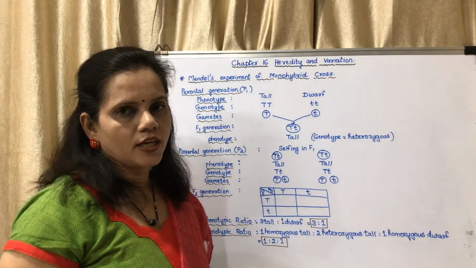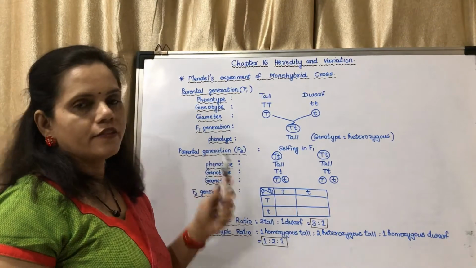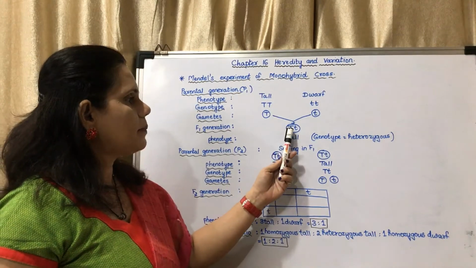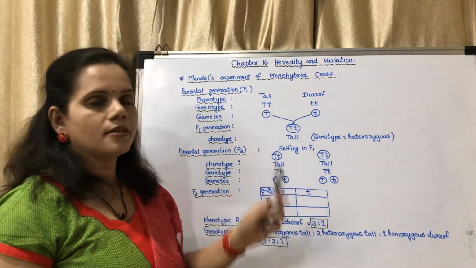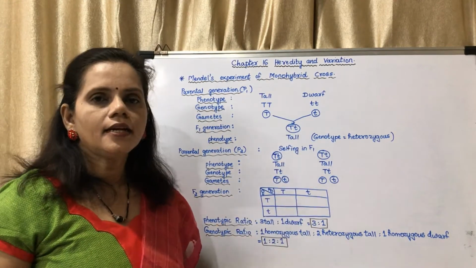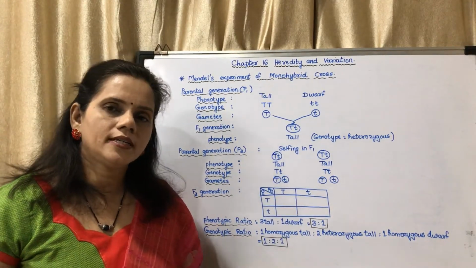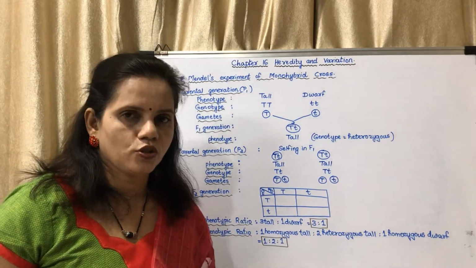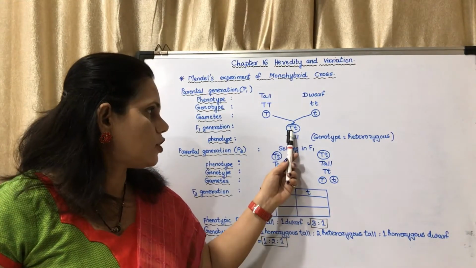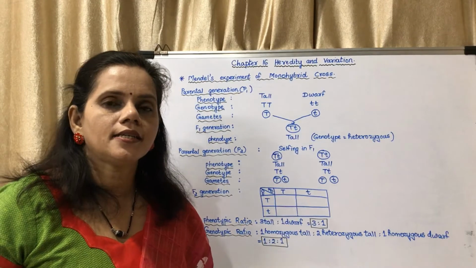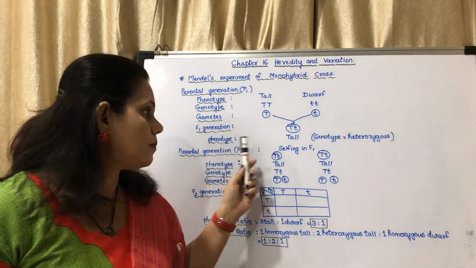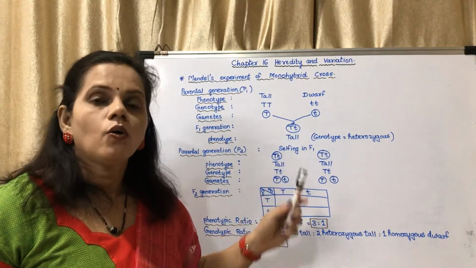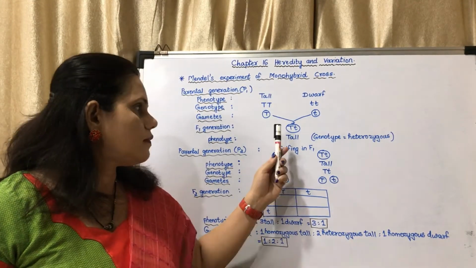If they fuse together, we get the F1 generation. That will be capital T, small t, which is a diploid. This is haploid, this is diploid, this is again diploid. So it is having 2 sets of chromosomes. One set is dominant, another set is recessive. What will be the phenotype of that generation? It will be tall. Why will it be tall?